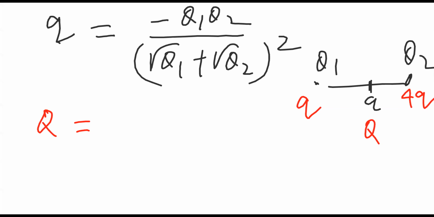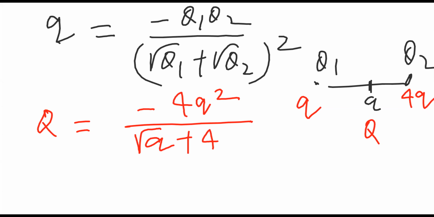Understanding now? Yeah. Now see, minus. So it is 4Q square, because Q1, Q2 is Q into 4Q, 4Q square. Then down is root Q plus root 4Q, that is root Q plus 2 root Q. How much is it?